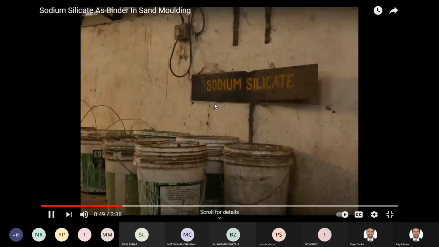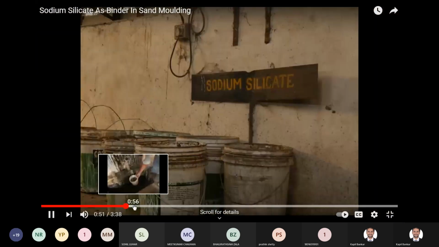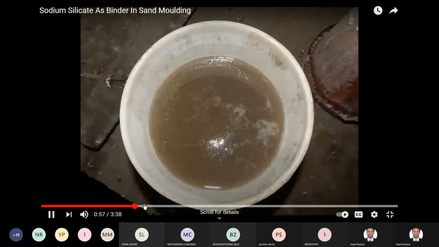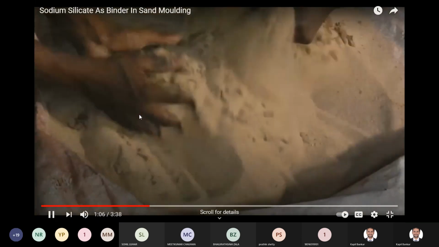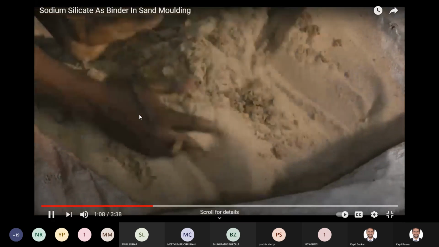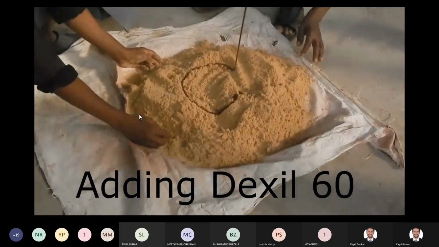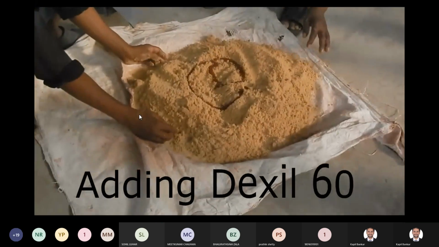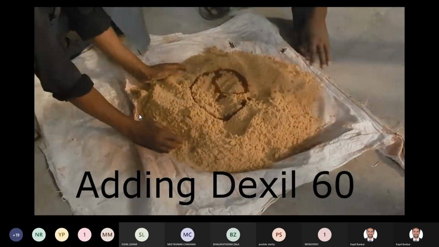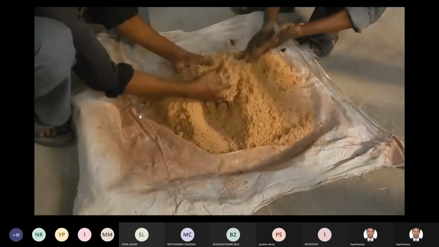After adding the sodium silicate, mix all the mixture. Then apply another binder, Daxil 60, or you can add some molasses, so that each particle will stick with each other.